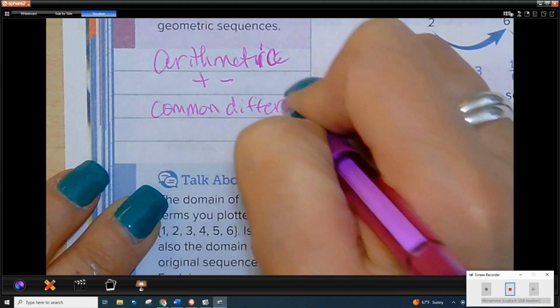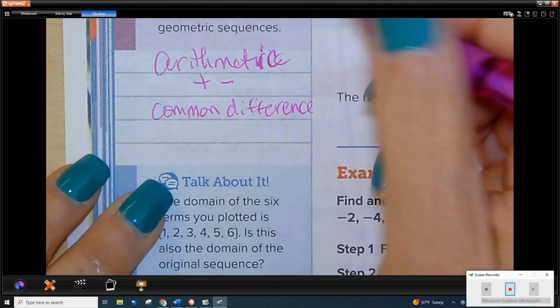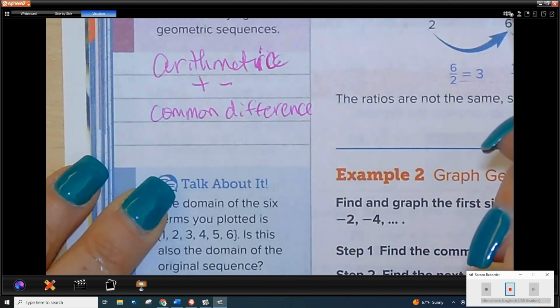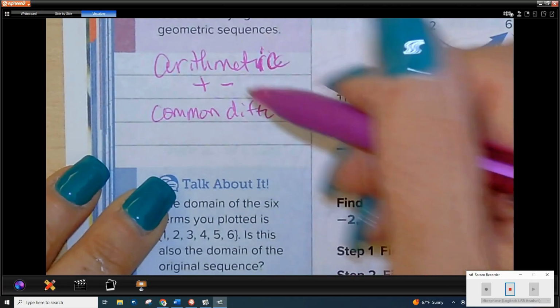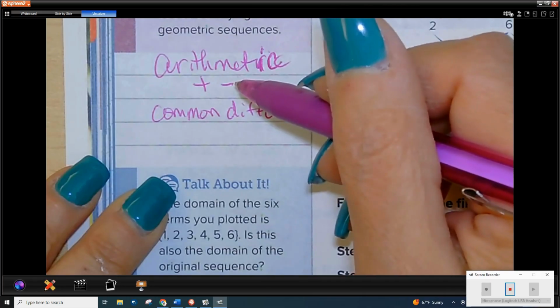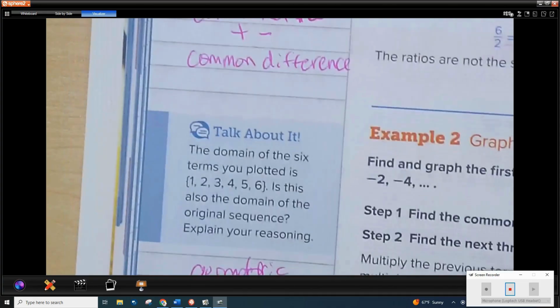And it's called difference because you subtract to find the value. But it could be a positive or a negative. And if it's a difference, we could still have a negative, because when we add a negative, that's subtracting. I don't think your book covers those, but we'll do those separately.